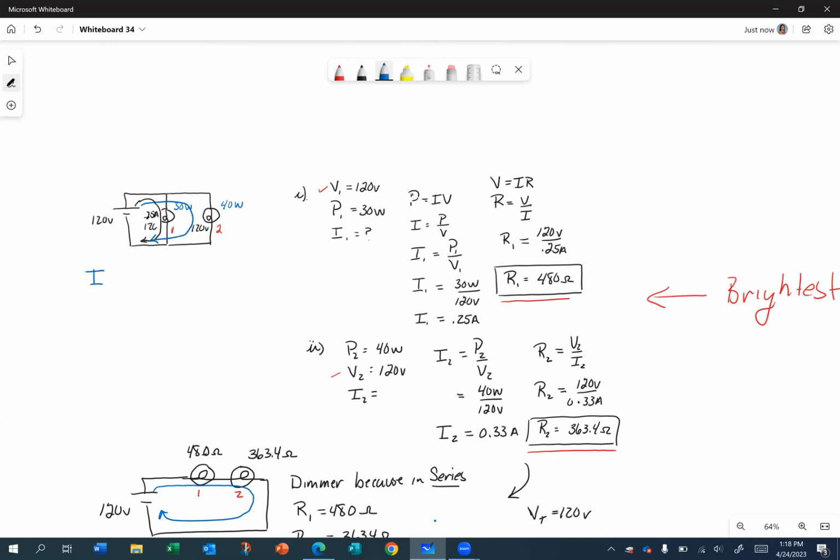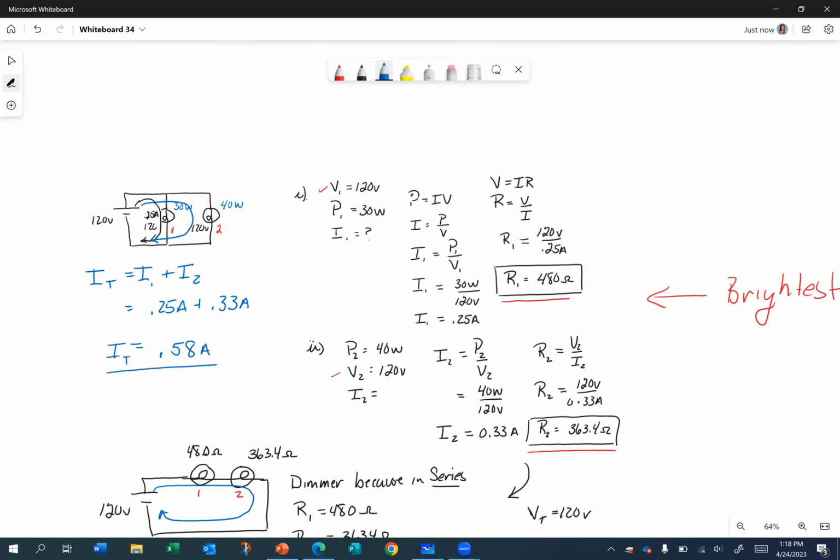So I total is equal to I1 plus I2. So that's going to be 0.25 amps plus 0.33 amps. Those are going to be our two currents. And this will give us a total of 0.58 amps for I total.